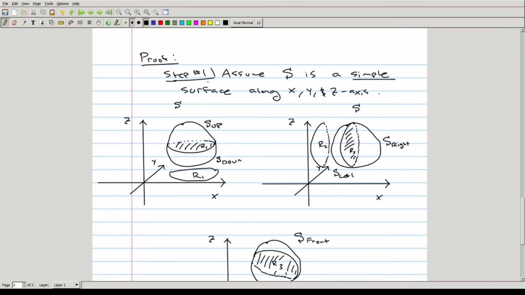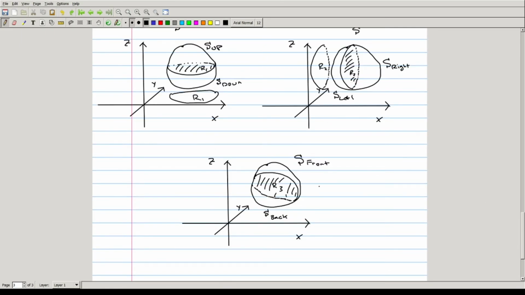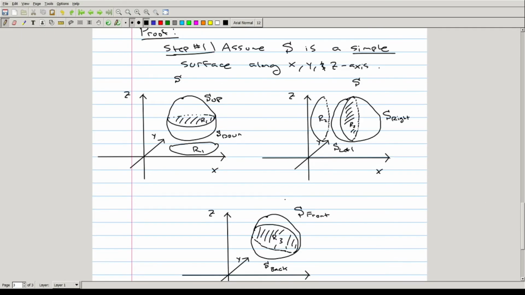Remember, we defined simple curve for simple region D. So this region V is going to be surrounded by a simple surface where we can express the top of the surface, the bottom, the left, the right, and then lastly the front and the back of the surface as functions.